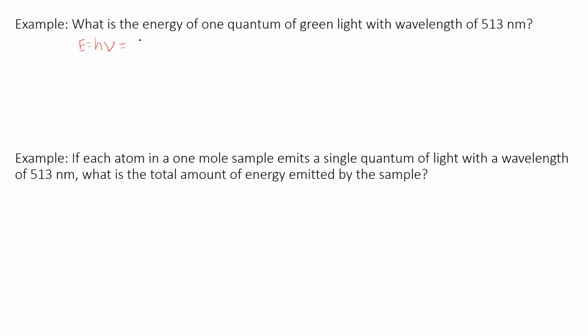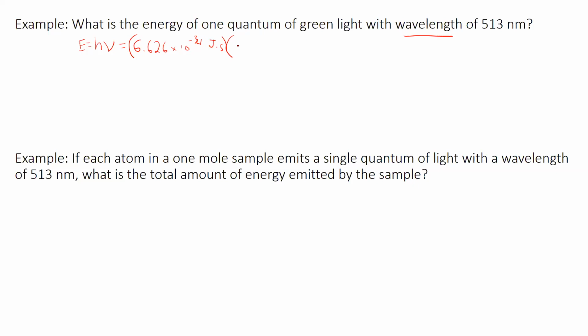And so h is Planck's constant, 6.626 times 10 to the minus 34 joule seconds. Times, we're going to take that same color of light, the green light that we just looked at before, and find out how much energy that light has. Well, this is given to us in wavelength, right?